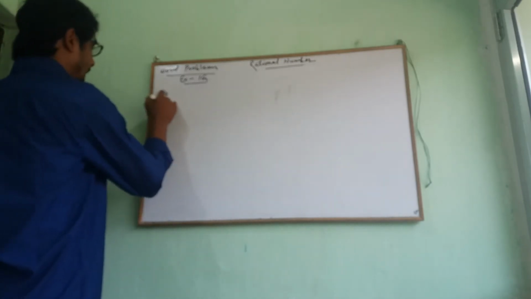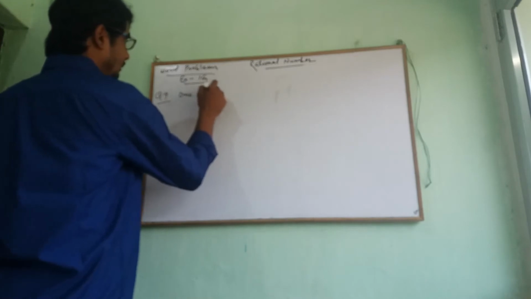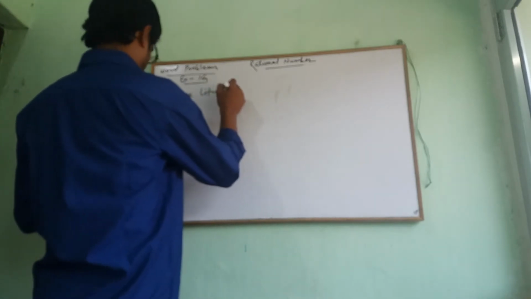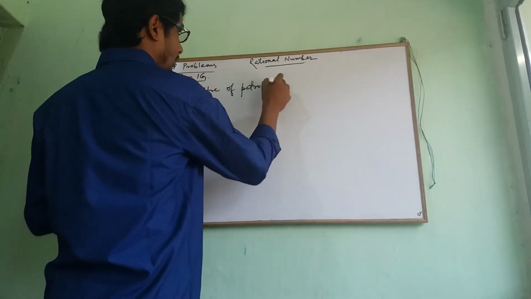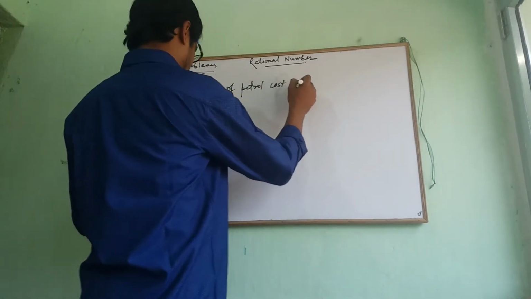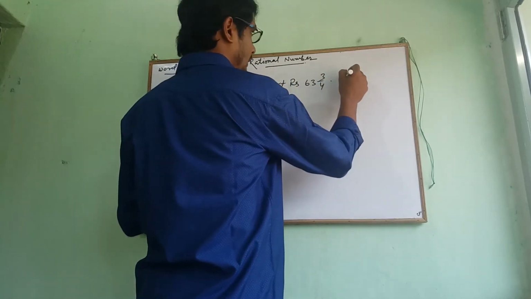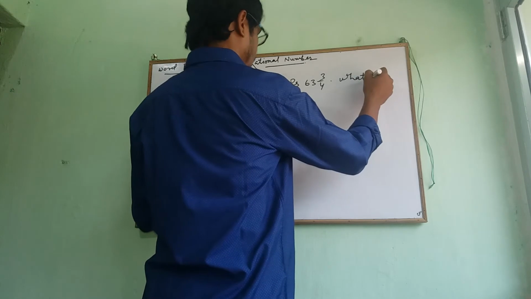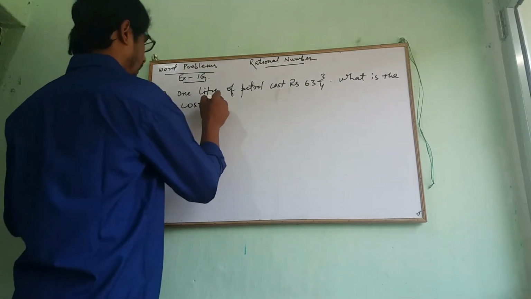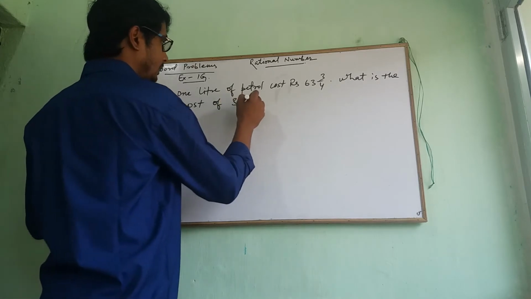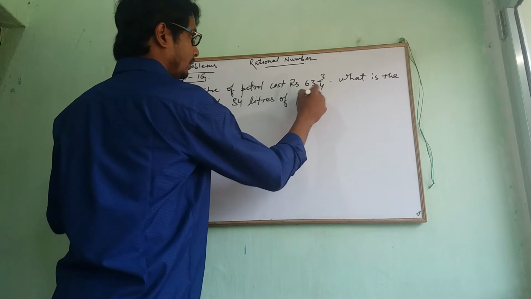Let's solve question number 9. 1 liter of petrol costs rupees 63 whole 3 by 4. What is the cost of 34 liters of petrol?